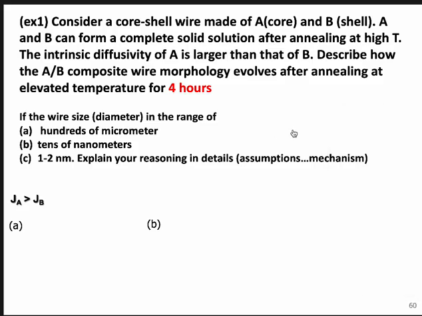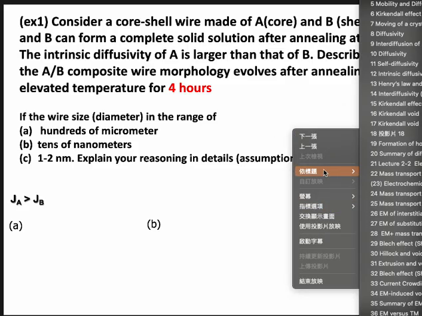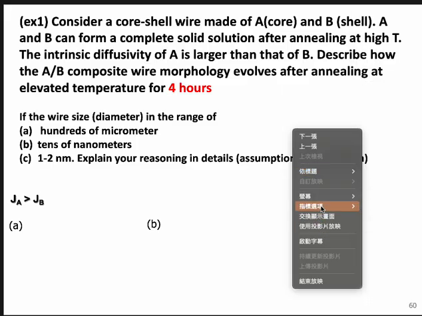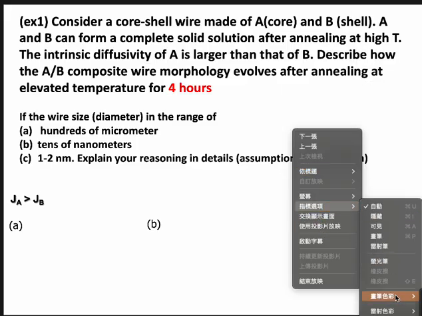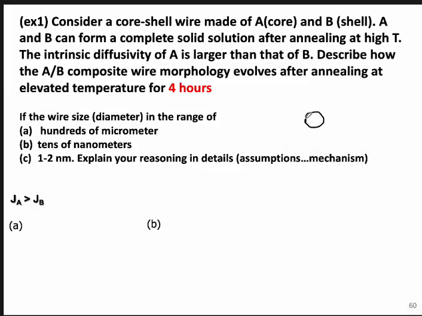Okay, so let me have a quick draw here. We have A materials here, and B here. And as we know, JA is larger than JB.